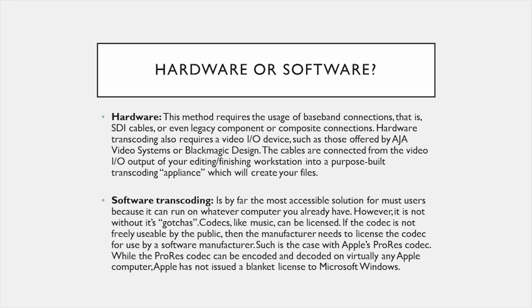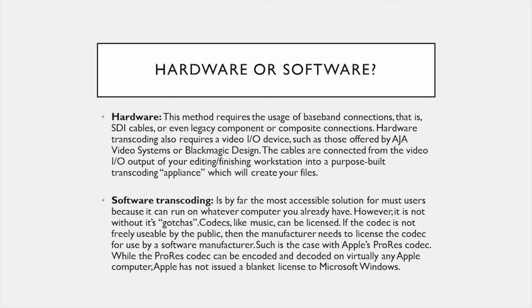Transcoding also requires a video in/out device, such as those offered by AJA Video Systems or Blackmagic Design. The cables are connected from the video output of your editing or finishing workstation into a purpose-built transcoding appliance which will create your files.